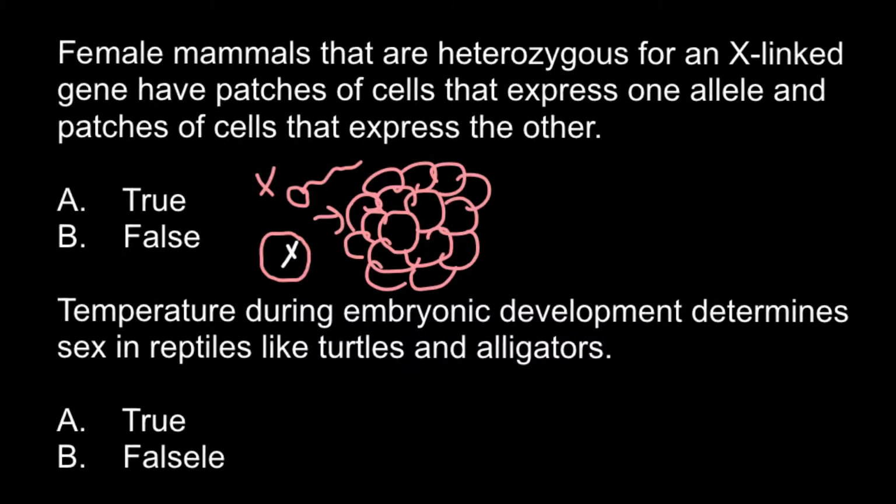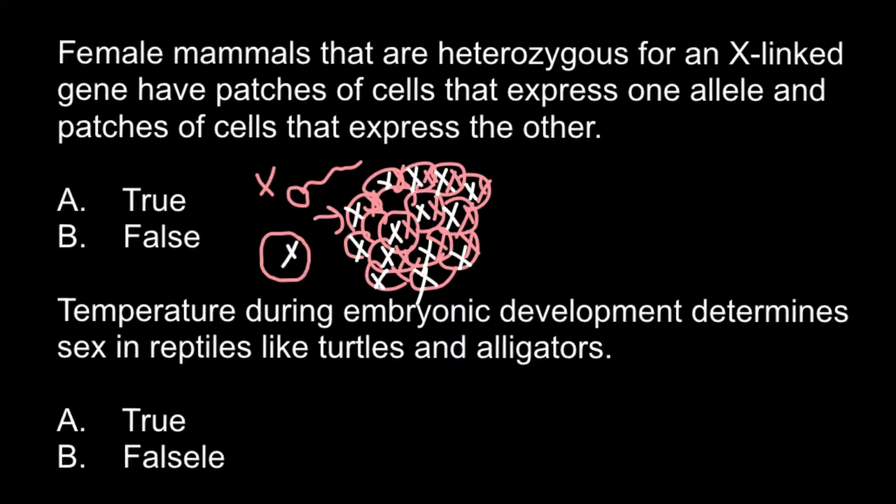In each cell, of course, it has X chromosome from the mother side, and in each cell it also has X chromosome from the father side. So at the early stage, each cell would have two X chromosomes, and both of them would be active.